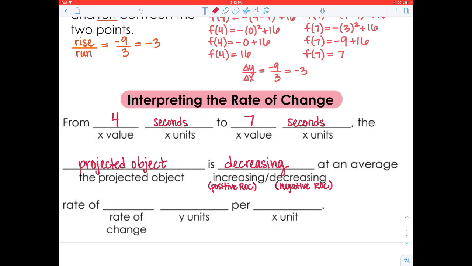Okay, so we're decreasing at an average rate. This is super important because you're not decreasing at this rate every single time. This is just a way to describe it on average between those 2 points. So including that in your interpretation is essential. So we're decreasing at an average rate of 3.